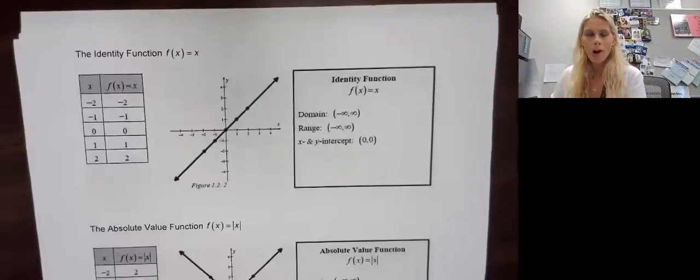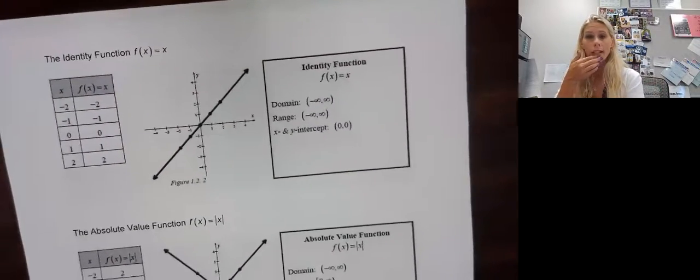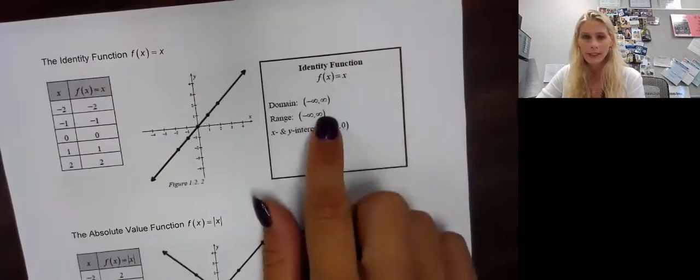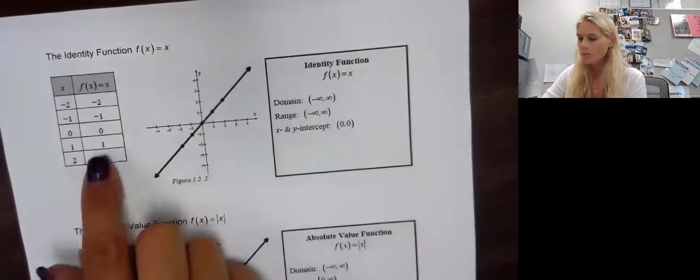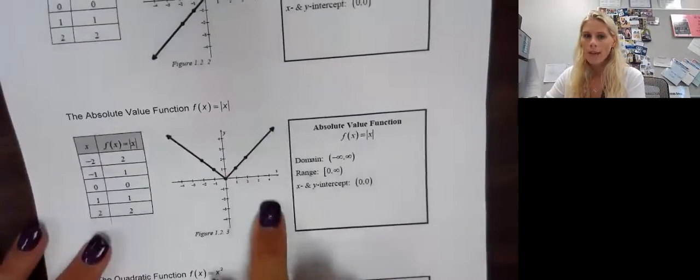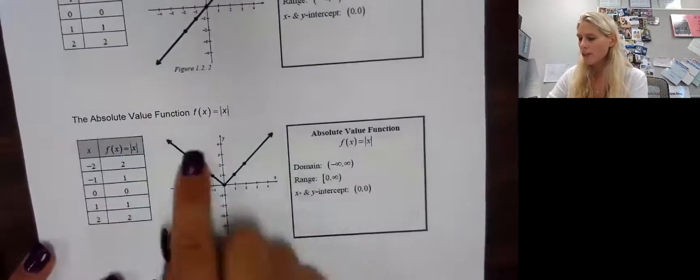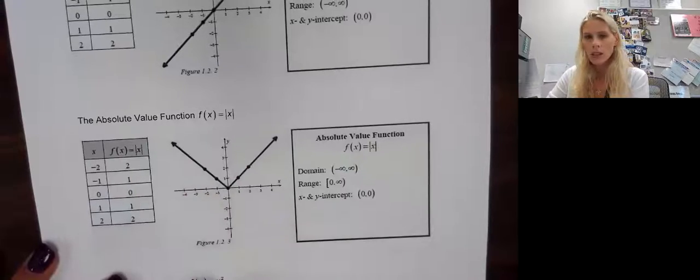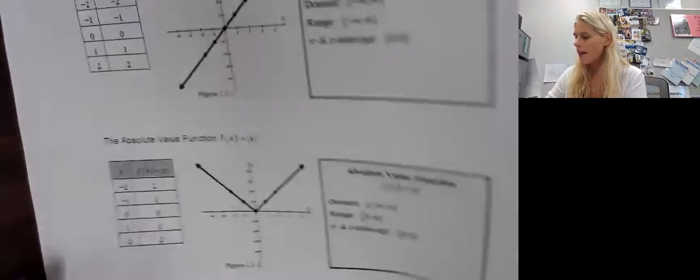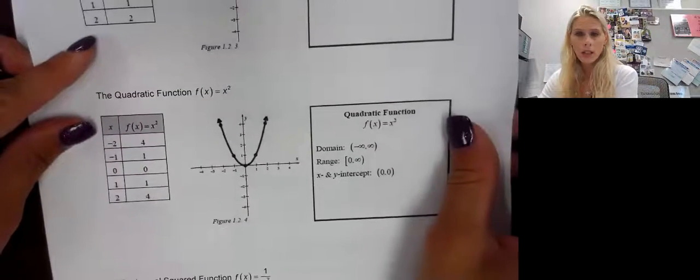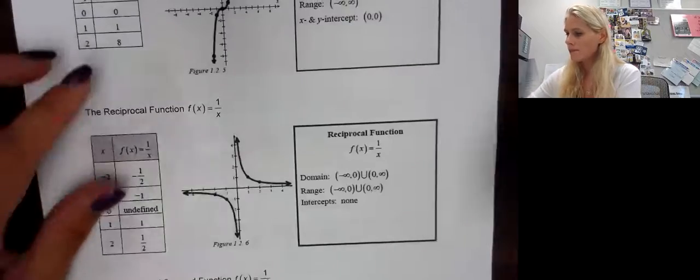Then we have our basic parent function for the linear, which is f of x equals x. So we have some big things here. We have absolute value. This is the parent function. This is where it would start. Okay. We have quadratic, which is x squared.